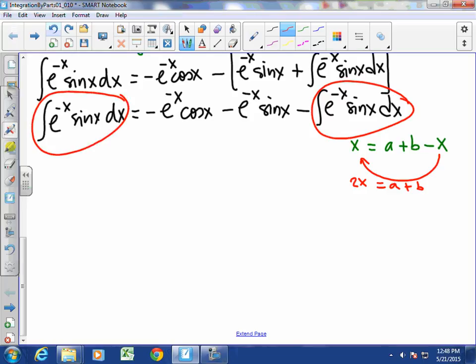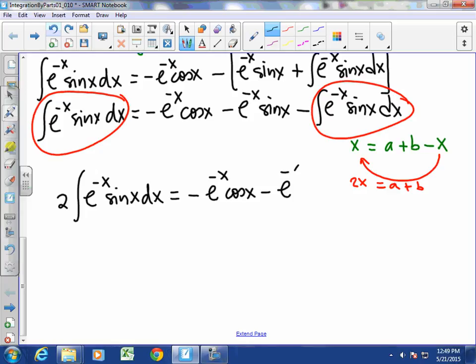That means we add that quantity to both sides, and we get twice the integral of e to the negative x sine x dx equal to negative e to the negative x cosine x minus e to the negative x sine x.